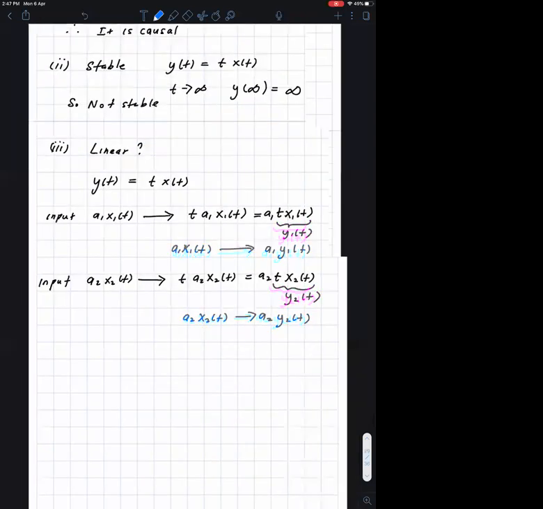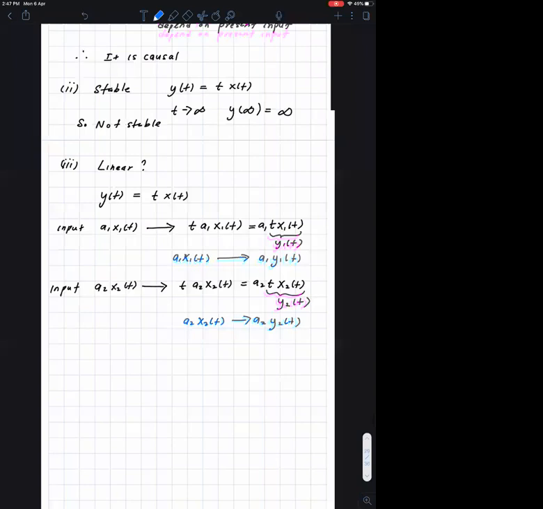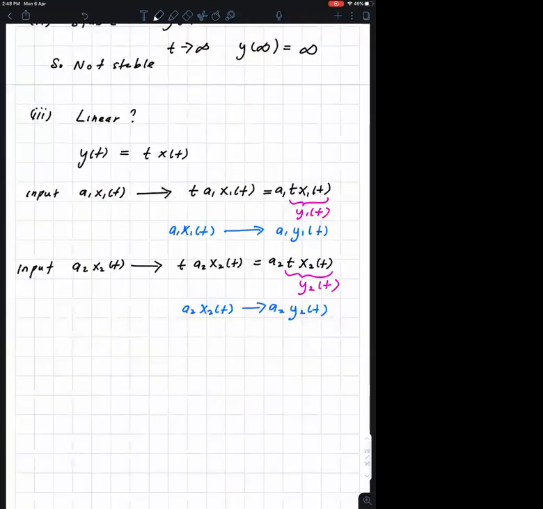So what will the sum of these inputs produce? Let's call this input 1, input 2, and then input 3. Now your input is the sum of individual inputs.